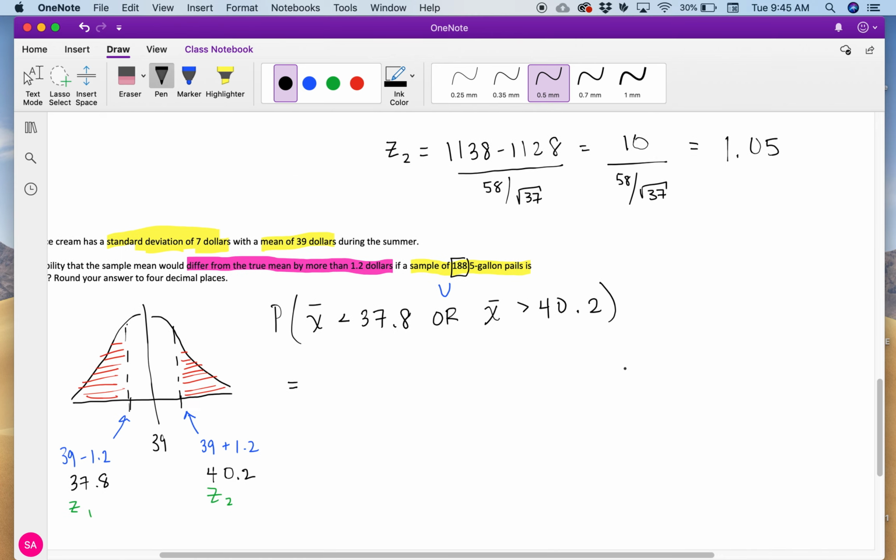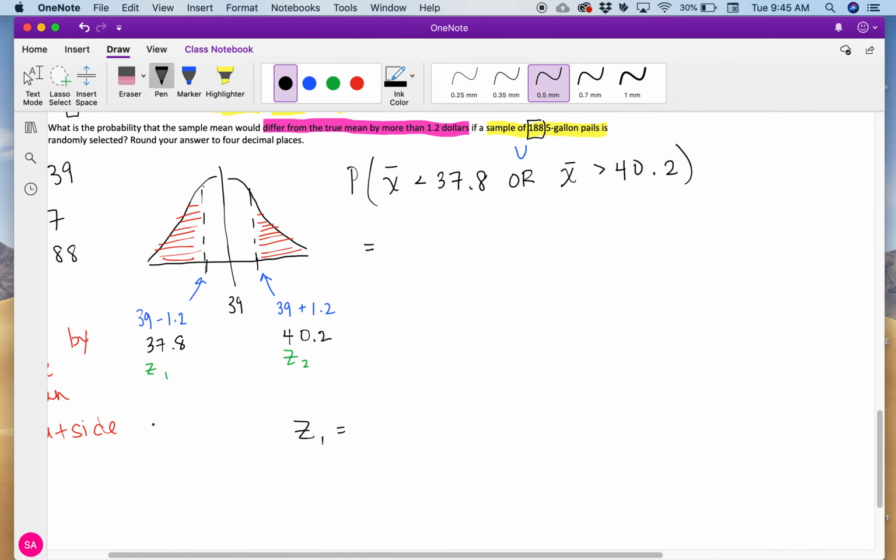Same thing is going to happen here. So for my Z1, my smaller number, it's on the negative side. If you want to skip that first part of having to subtract x bar minus the population mean, which would be 37.8 minus 39, you're going to get negative 1.2. The negative of that number they told you to focus on for the difference. Okay?